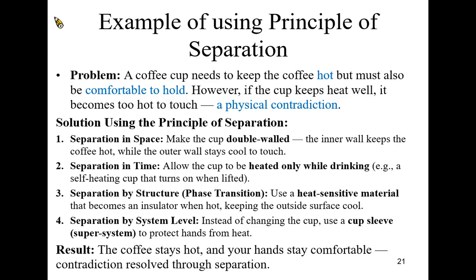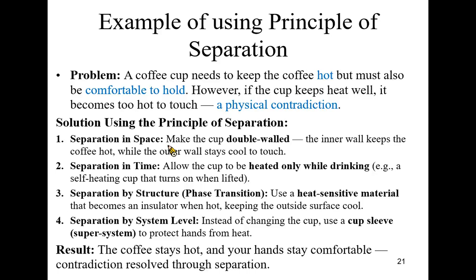So we use the four separation principles. In space, we make the cup double-walled. The inner wall keeps the coffee hot, and the outer wall stays cool to touch. In separation in time, we allow the cup to heat only while drinking, like a self-heating cup that turns on when lifted.